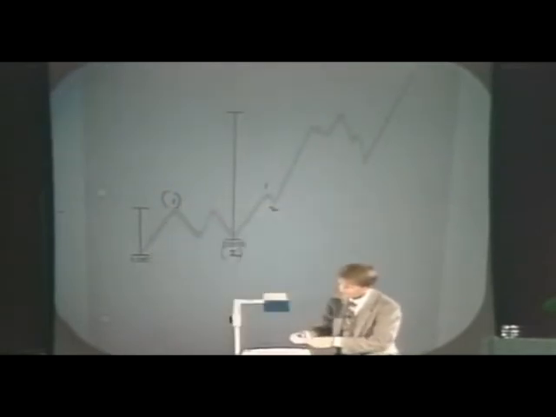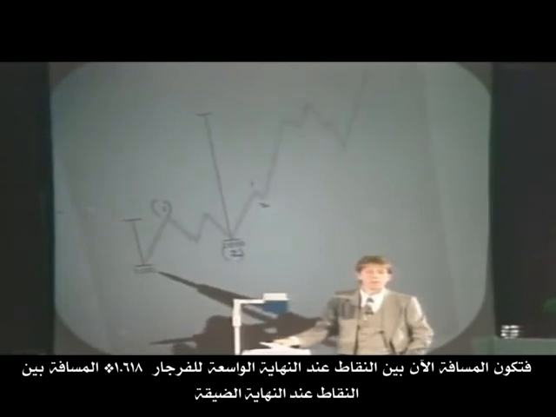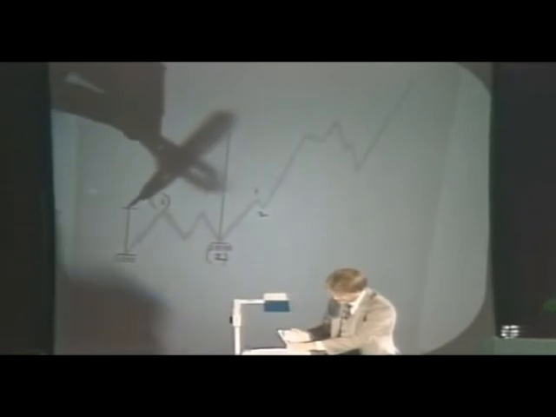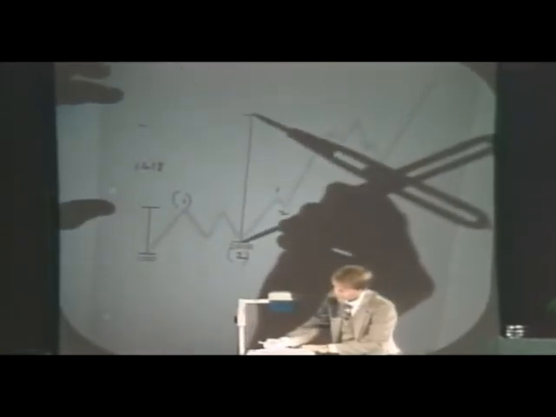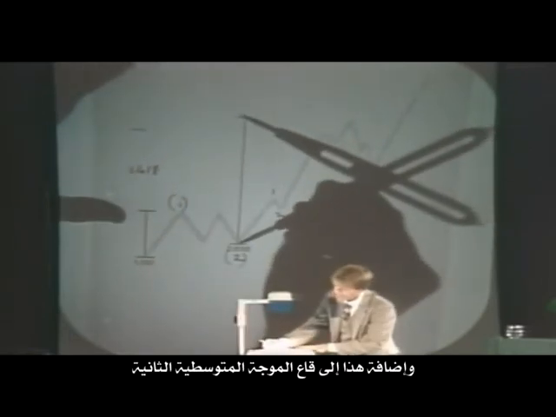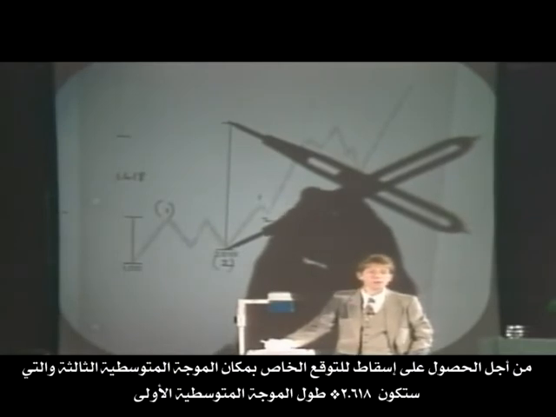Flip the compass, and now the distance between the points at the wide end of the compass is 1.618 times the distance between the points at the narrow end. 1 plus 1.618, if I make that mark right there, is 2.618. And then I can just take the compass, expand it, and add that, well, it should be exact, and add that to the low at intermediate wave 2 to obtain a projection for where intermediate wave 3 would be 2.618 times the length of intermediate wave 1.